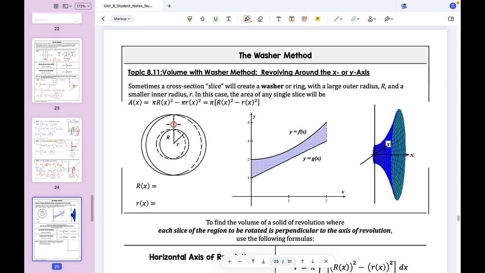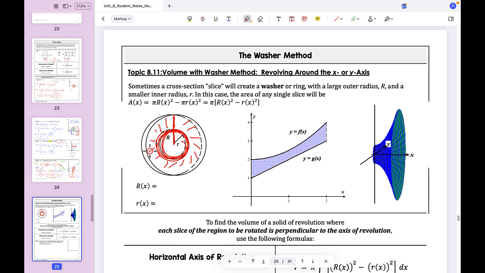And then what we're going to do is we're essentially taking the volume of the larger cylinder, and then we're going to subtract the volume of the smaller cylinder, leaving us with this space right here.